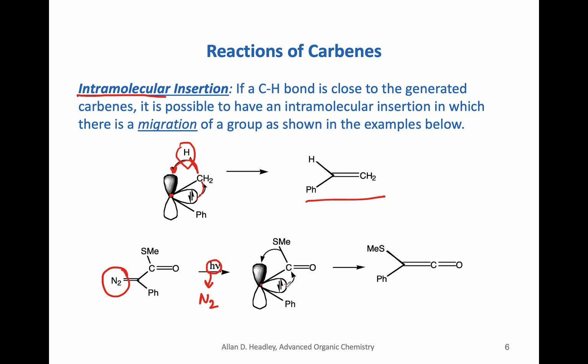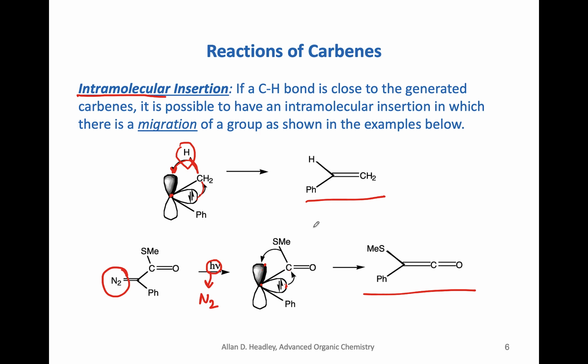So the nucleophilic end can react with this carbon, and this can migrate over to the electrophilic end of the carbene. So you can see here is a double bond, and this actually migrates to give this type compound, a ketene type compound. So look out for that.